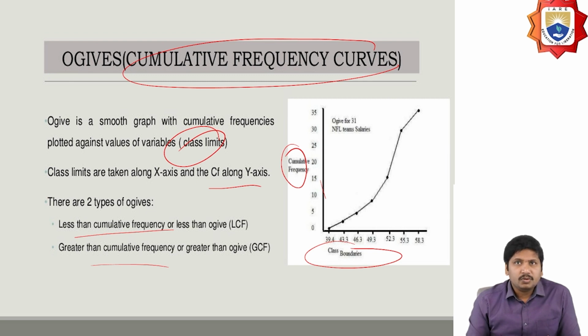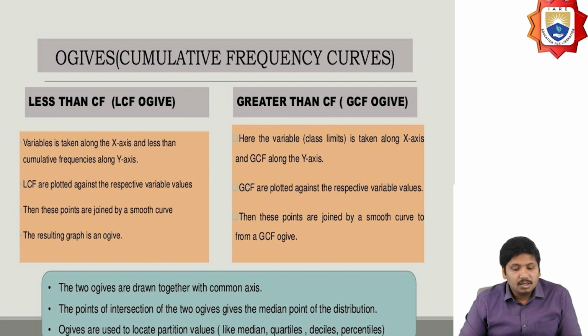It is constructed over the frequency curve with the class intervals, and the class limits should be considered on the x-axis and the cumulative frequency on the y-axis. There are two types of ogives, the less than cumulative curve and the greater than cumulative curve, that is, the less than ogive and the greater than ogive.